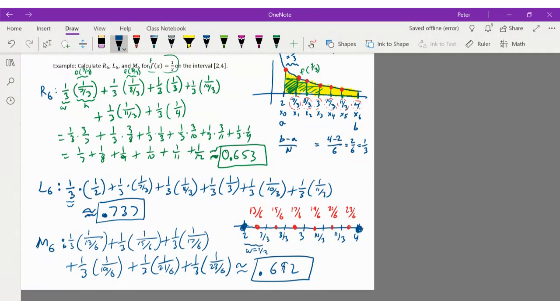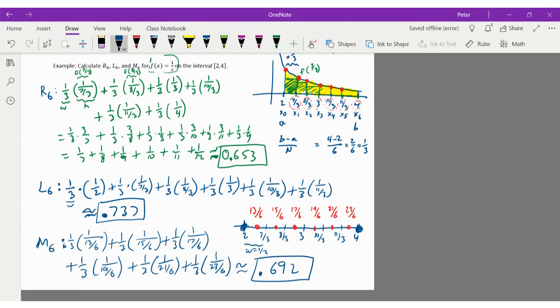So as somebody pointed out earlier, we do in fact have 3 different values depending on which approximation we use. An interesting question is, can't we just do R6 over 2 plus L6 over 2 to equal M6?